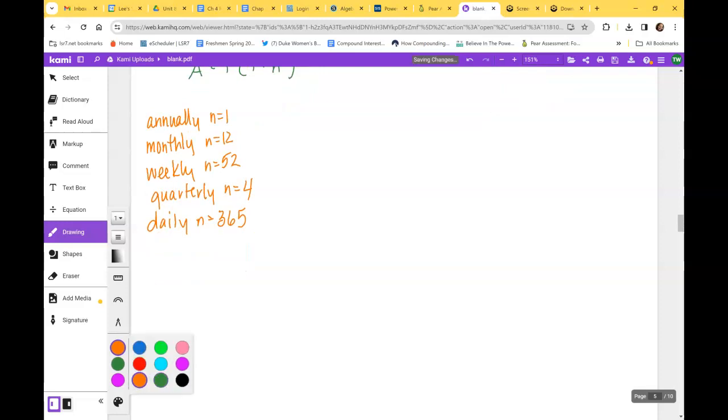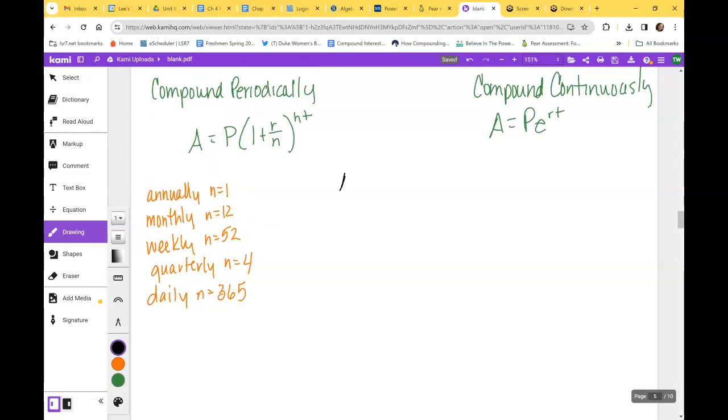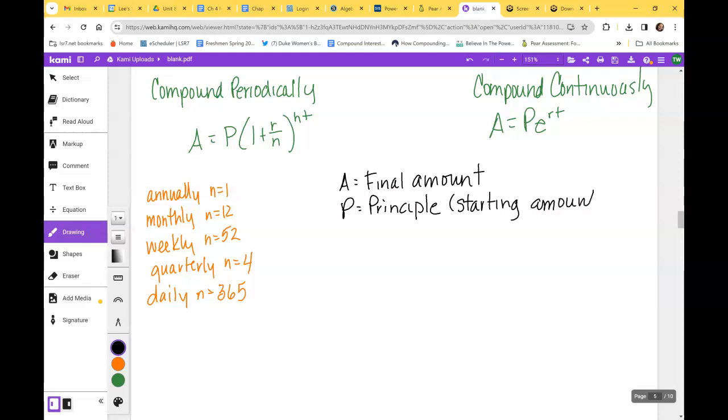And then for both of these, the parts are the same. A is your final amount. P is your principal. That's your starting amount. R is your rate as a decimal.